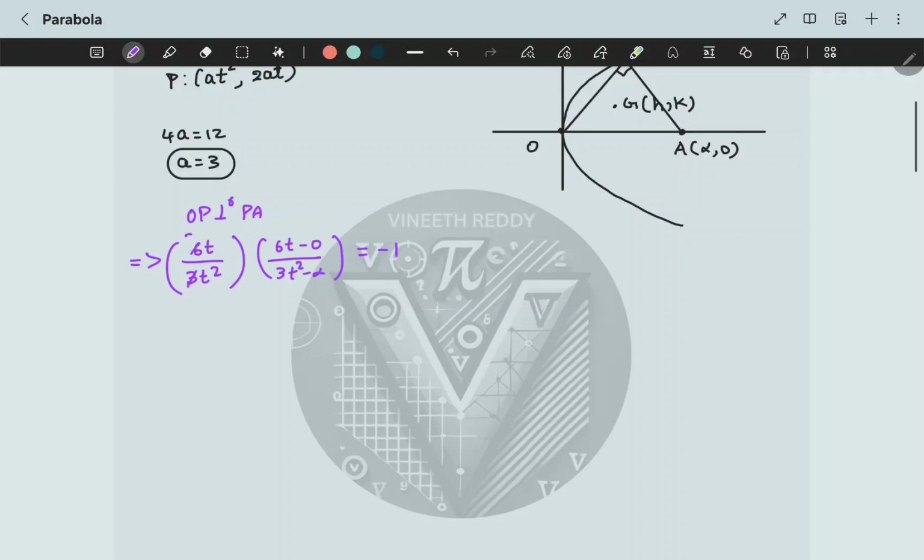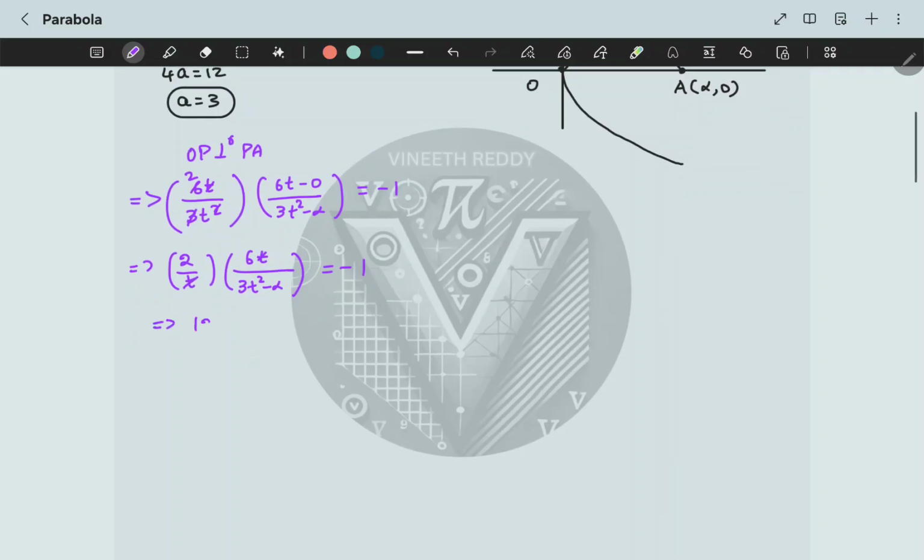So what do we get? 6t divided by 3t square is 2 by t. So we get 2 divided by t into 6t divided by 3t square minus alpha is equal to -1. Now this and this get cancelled. So we get 2 into 6 is 12, and if I cross multiply, we have a minus sign here, we get 12 equals alpha minus 3t square. Now this is condition number 1.